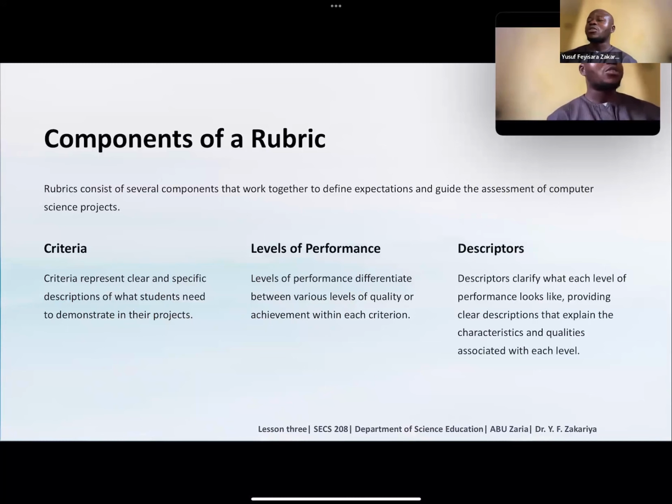Then we have the last part, descriptors. Descriptors explain the level of performance. Descriptors clarify what each level of performance looks like, providing clear descriptions that explain the characteristics and qualities associated with each level. We also have indicators. That one is not here, but in the rubric I'm bringing next week, you will see indicators there.